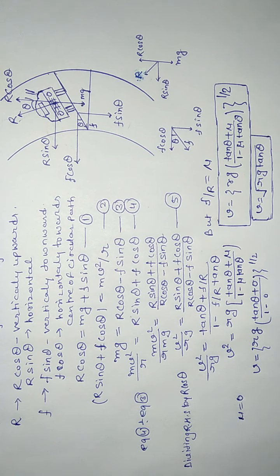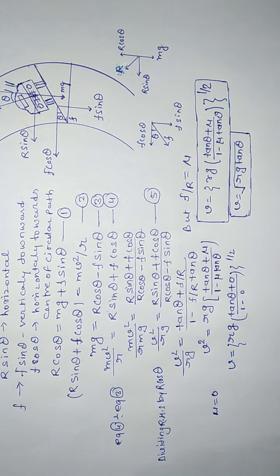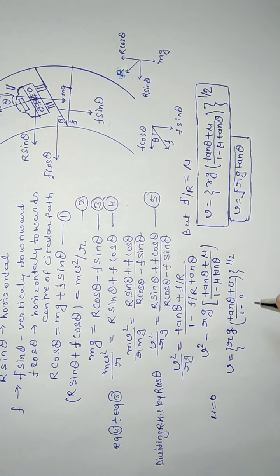If you are considering friction only and not banking, in this situation, if only the friction is providing the necessary centripetal force, then the formula for velocity will reduce.